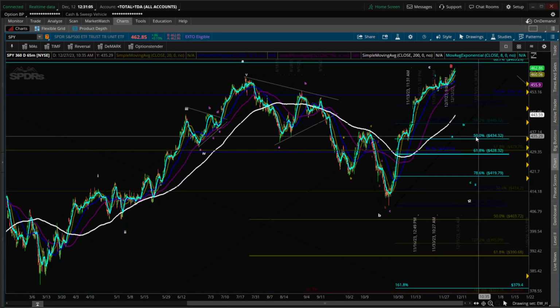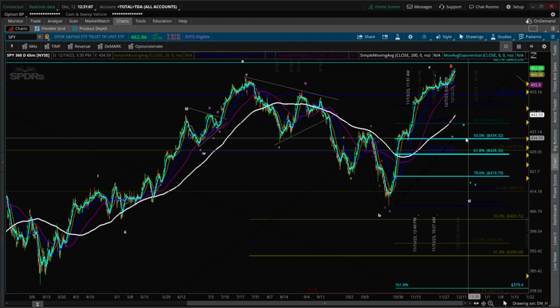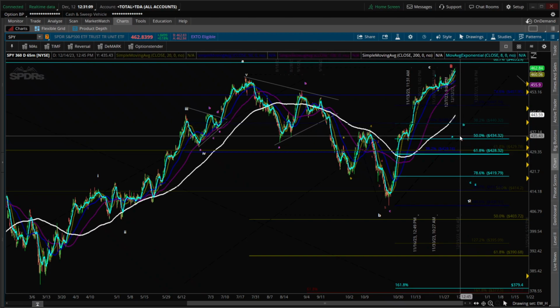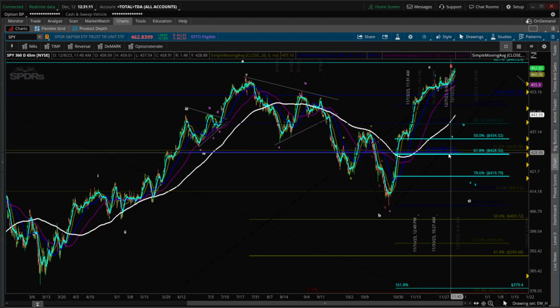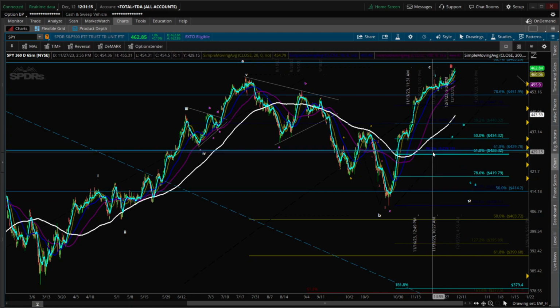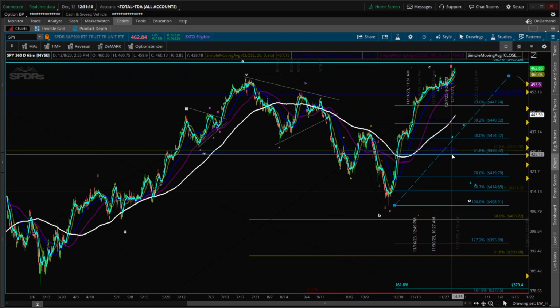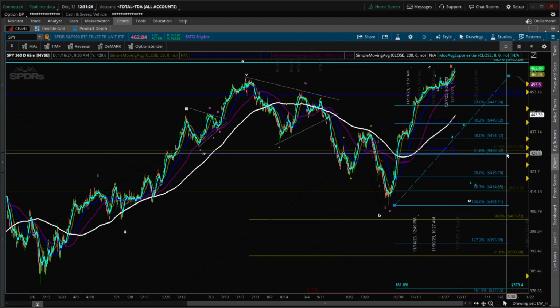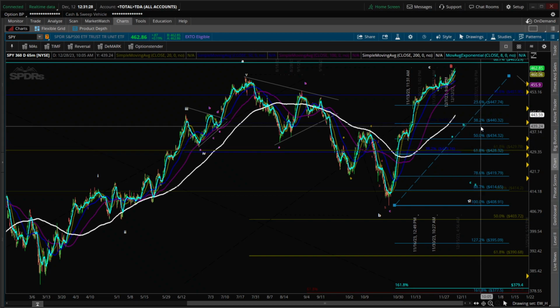The 434, that's always a nice spot to take something off the table, but our real zone is going to be our former 382, our 618, and then our current 618 retracement. Those are a big cluster of areas that I think will make good support there for at minimum a bounce.